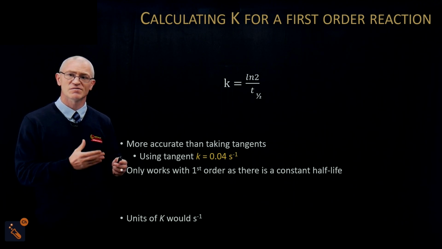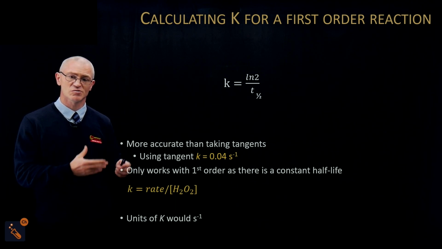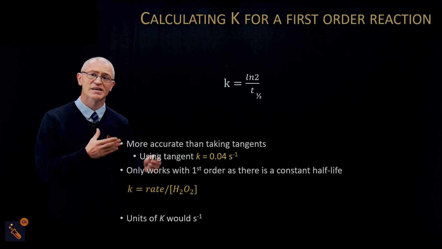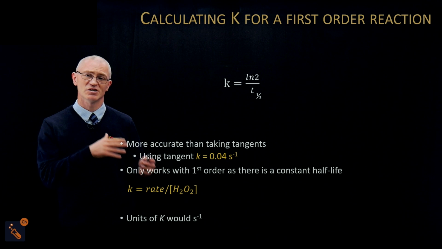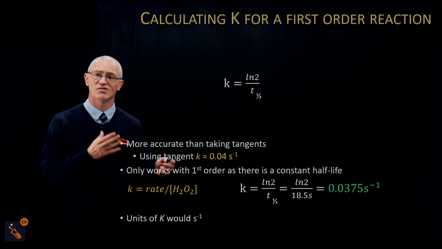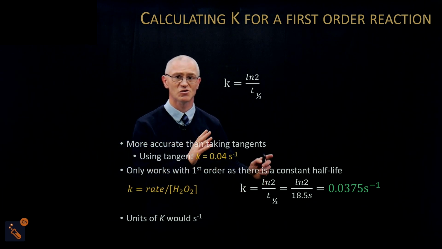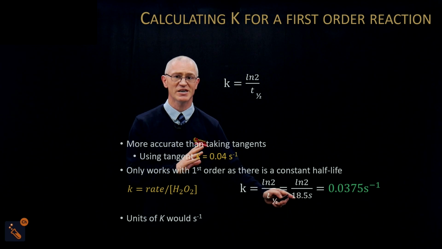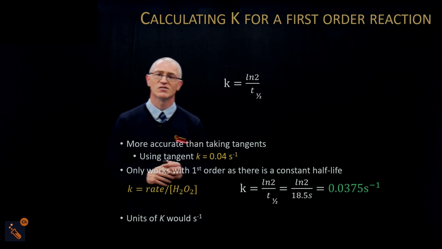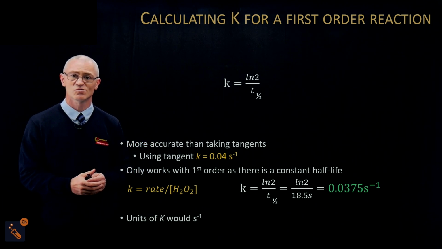Now, let's have a look at how you would do it then. So K equals rate divided by H2O2. We're going to use this H2O2 one that we've done again. Now, if you remember, in the last example, we found out that the half-life was 18.5 seconds. So all we've done is put the half-life time, 18.5 seconds, in there, and it's worked out as 0.0375 seconds to the minus 1.